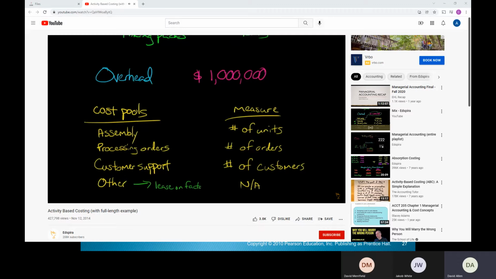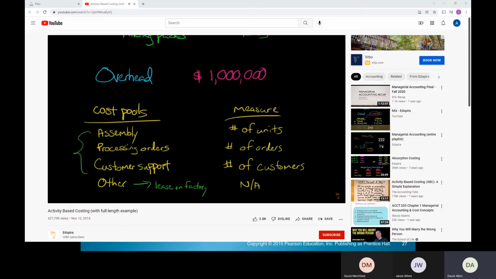We've got a lease on the factory to produce our tents and our hiking packs, and that really doesn't fall into any of these cost pools. We don't even want to assign it to either the hiking pack division or the tent division, because realistically, if we got rid of one of those products, we're still going to need the factory. So we just dump this in the other category because we don't really want to spread that cost.